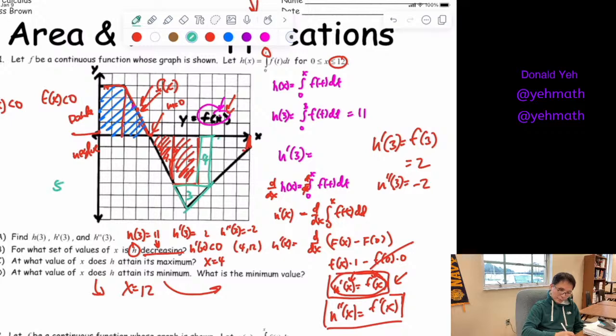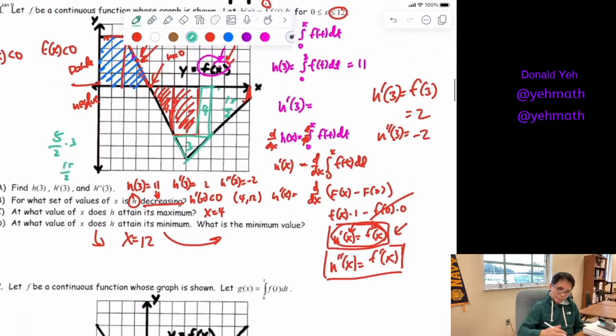So it'd be 5 over 2 times 3, so 15 over 2, which is 7.5, plus 7, so it's 14.5. So it's actually negative 14.5. So basically the minimum value is the integration from 0 to 12 of f prime of t dt, which is equal to negative 14.5.